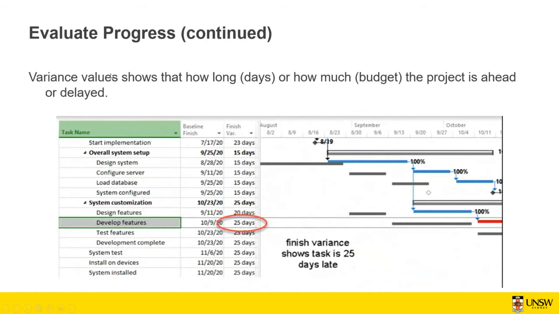So for example, here you can see this is the baseline finish for each task that you put, but you can see that the tasks are delayed. So this is the time variance that you can see. So here the time variance is going to be 25 days, for example.